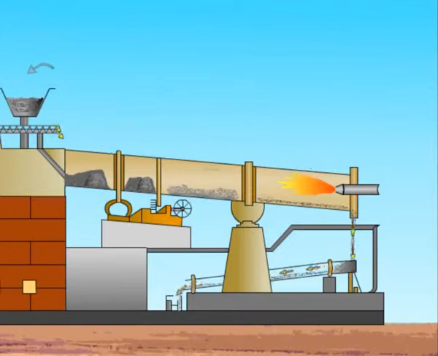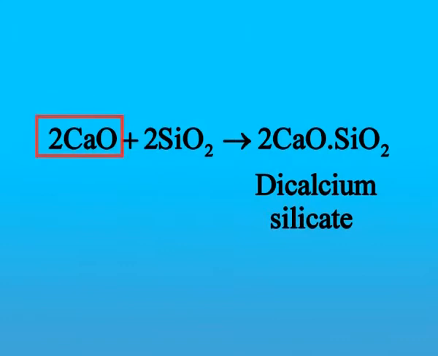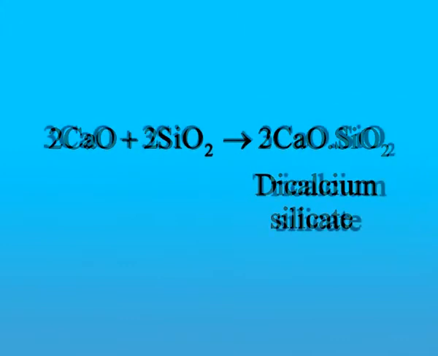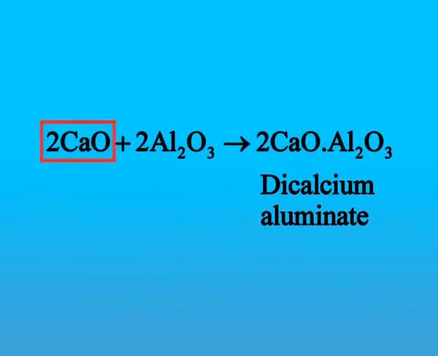Calcium oxide reacts with silicon dioxide to form dicalcium silicate. Calcium oxide further reacts with silicon dioxide to form tricalcium silicate. Calcium oxide also reacts with aluminium oxide to form dicalcium aluminate.